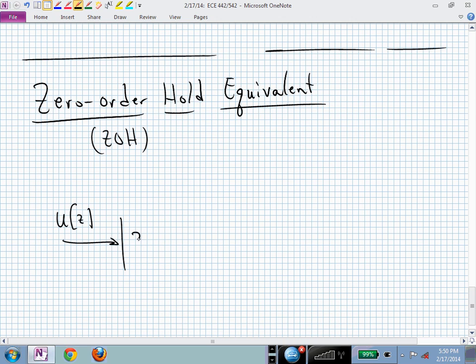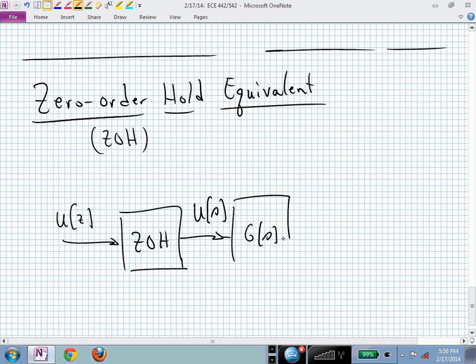Then we go through a digital to analog converter, a zero-order hold. That now produces, let's say, an analog waveform, which can drive an analog plant.